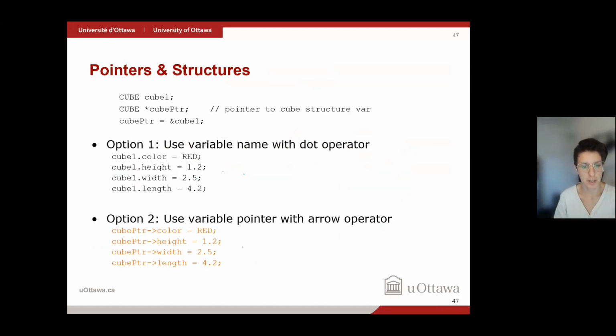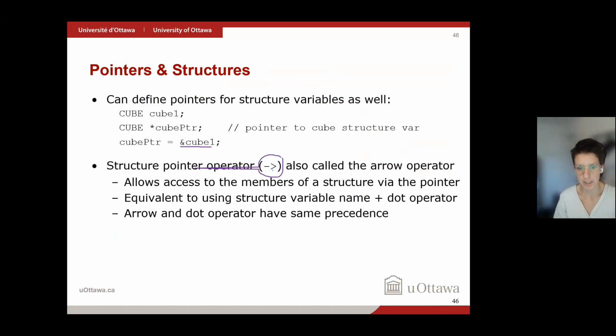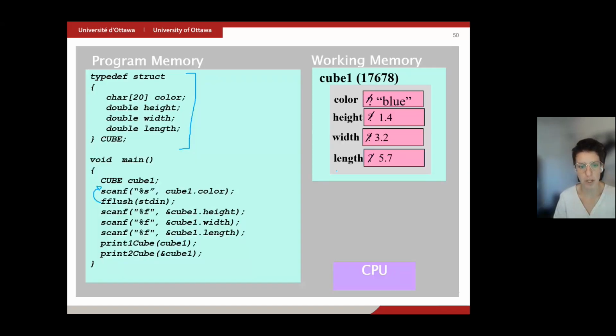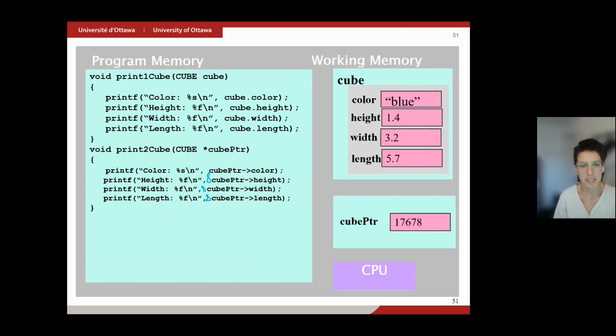So remember, if we go back here, the structure pointer operator, that arrow. We use that, and we're going to go from that address and point into this member, color, and that's what's going to get printed out.